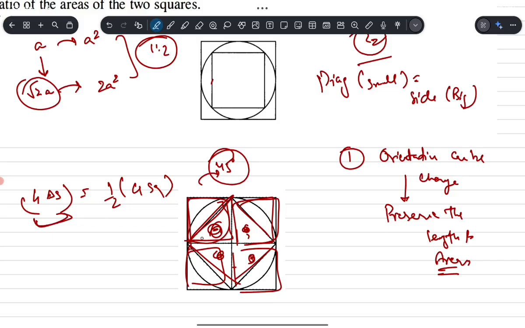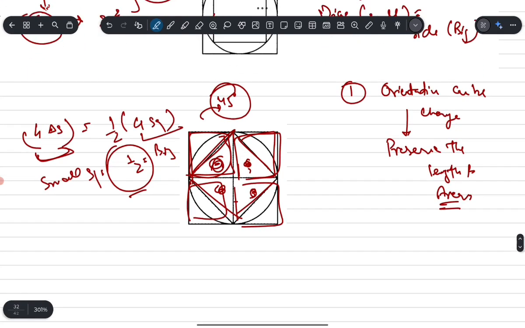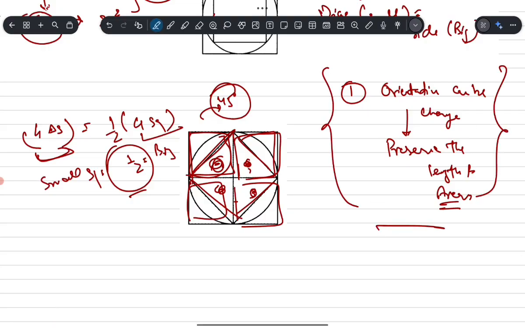The 4 triangles are making up the small square, and the 4 squares are making up the big square, and that's it. We have the answer. So this is how helpful symmetry can be. This was a very easy problem, of course. I was just trying to demonstrate how we use this. And this thing, you need to remember while using symmetry.